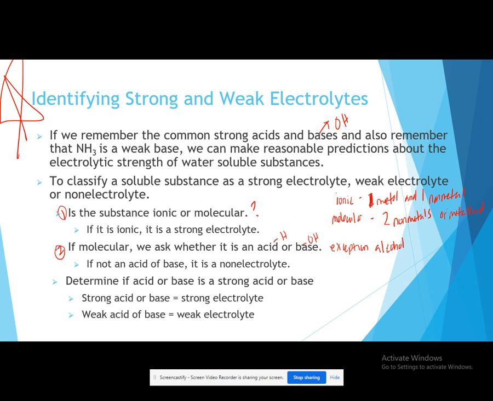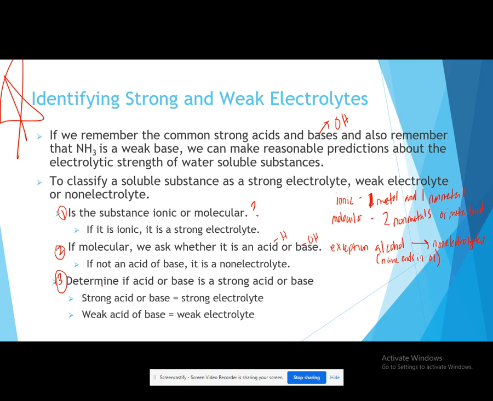Alcohols end in OH, and their name ends in ol. These little stinkers are always going to be non-electrolytes. Okay. So if it is an acid or a base, you have to go on to question 3. If it is not, we can say that it's a non-electrolyte.